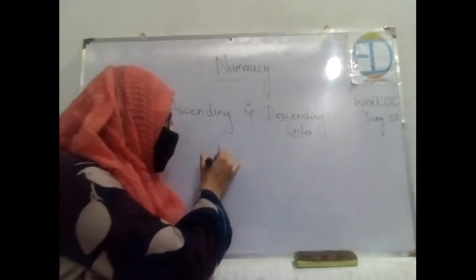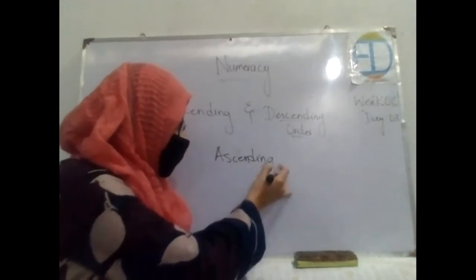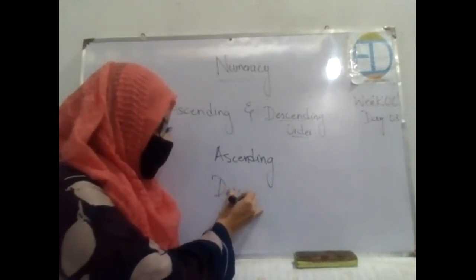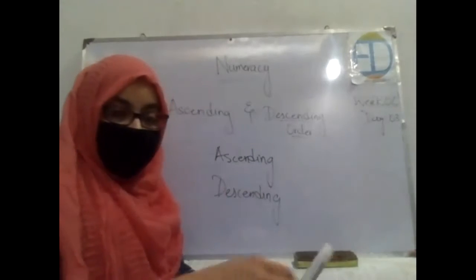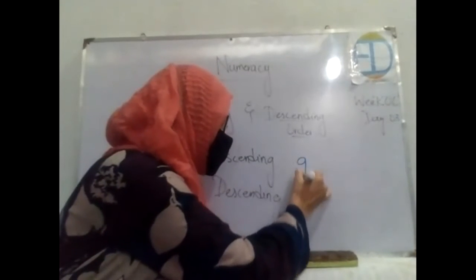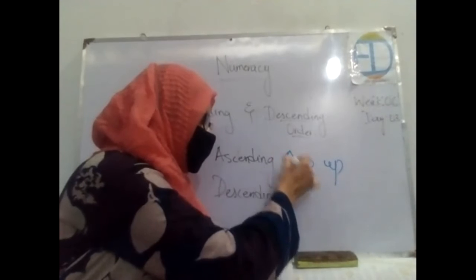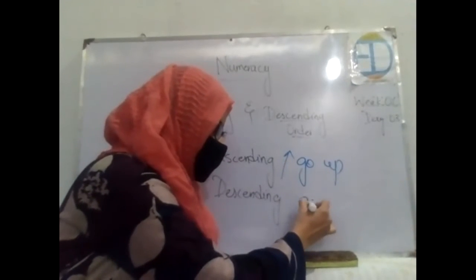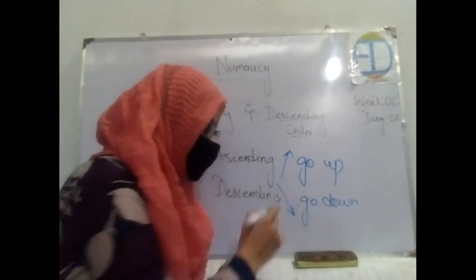So ascending and descending: ascending means go up, so the arrow would be like this, and descending means go down like this.